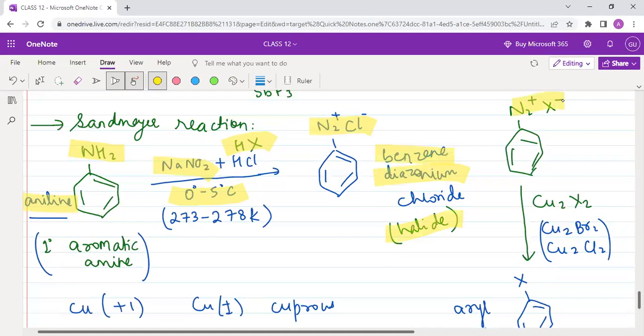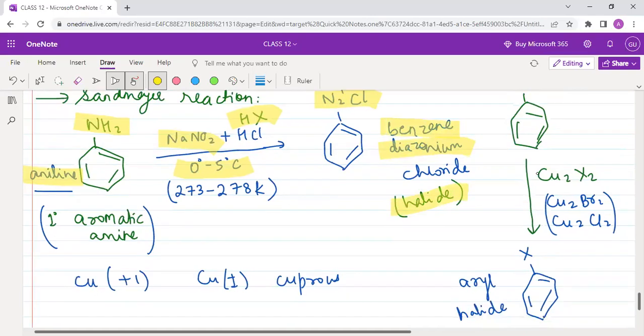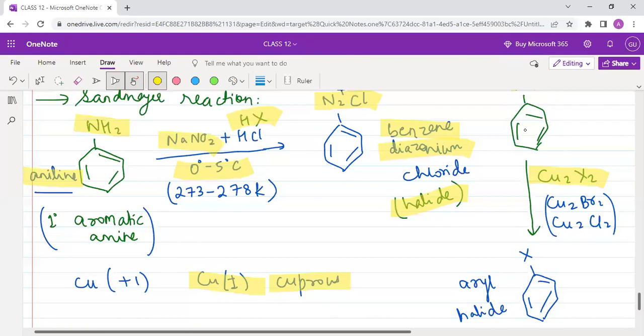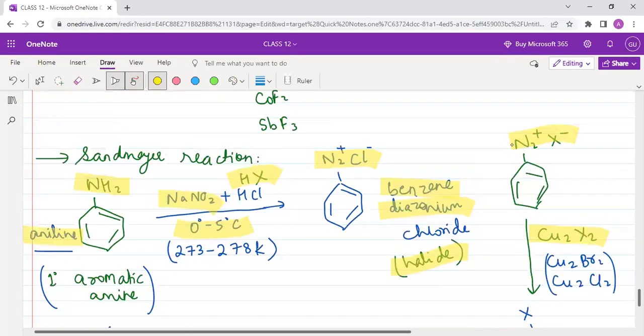And now if you treat this diazonium salt with cuprous halide, cuprous is your +1 form, the valency is +1. If you treat it with cuprous chloride or cuprous bromide, it will result in the replacement of this N2 plus group, this diazonium group, with Cl or Br.